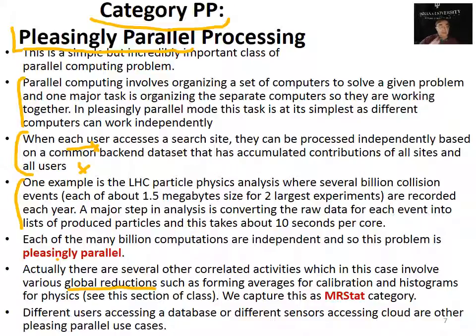So when you have pleasingly parallel applications followed by gathering all the data in very simple statistics, reduction, counting the number of times things happen over all processors, that I call MR stat. So in general, of course, we can generalize the search case to users accessing a database or sensors accessing clouds. Those are examples of pleasingly parallel problems.